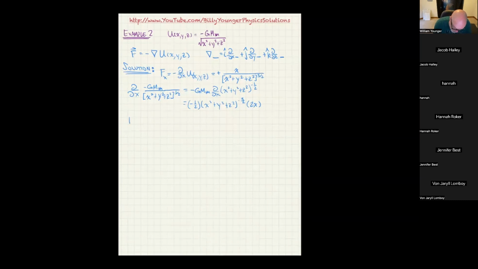Now I can do f sub y is equal to the negative partial with respect to y of u of x, y, z.